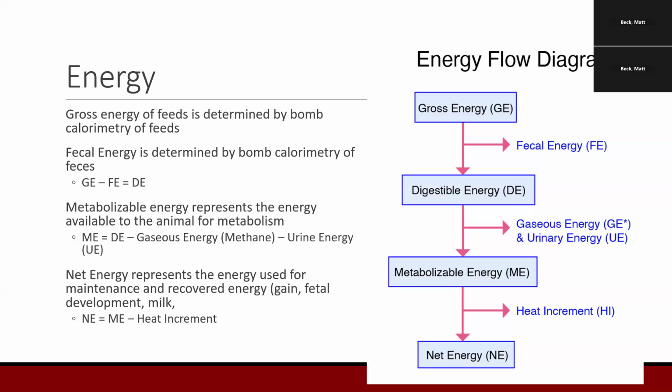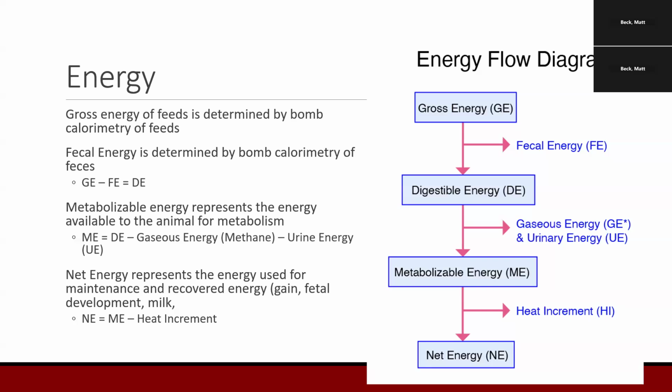Okay? So we feed that to an animal, and that animal is only going to digest a fraction of that. Some of that feed is going to be excreted in feces. Some of that feed energy will be lost as fecal energy. So gross energy minus fecal energy is digestible energy. Digestible energy and TDN should be highly related, right? 4.401 times DE should be TDN or something like that.